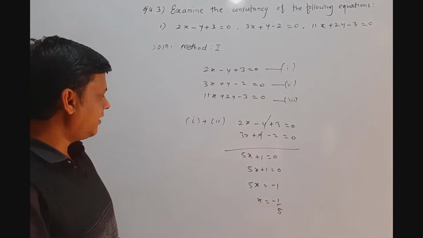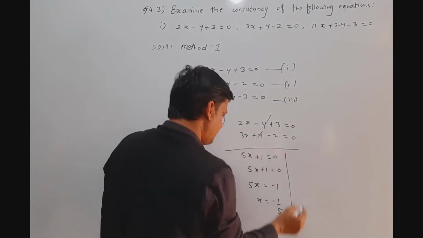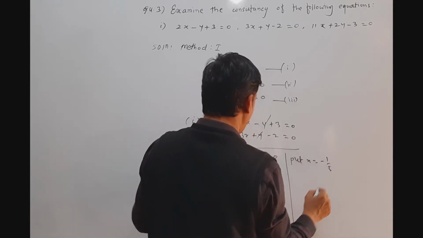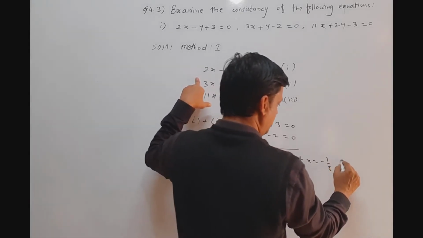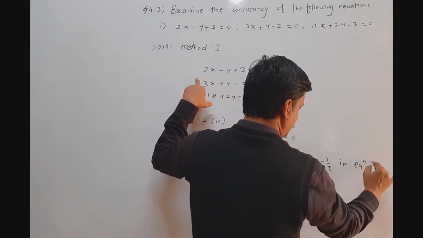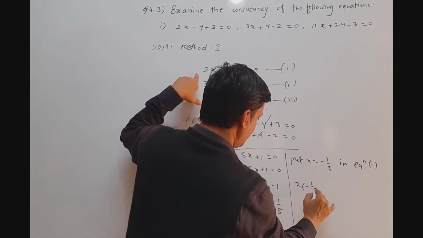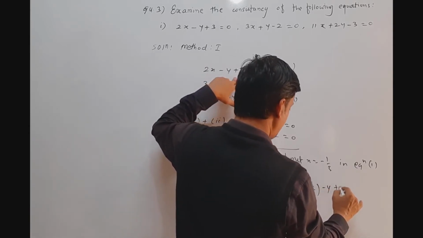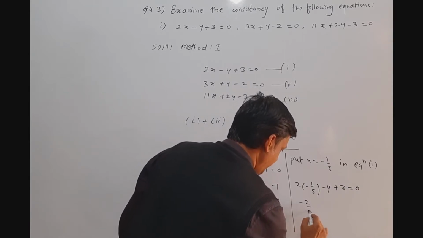Now we have to find the value of y from these two equations. So we put x equal to minus 1 by 5 in any equation. So we substitute in equation 1. So right here 2 into minus 1 by 5 minus y plus 3 equals 0. So here we get minus 2 by 5.